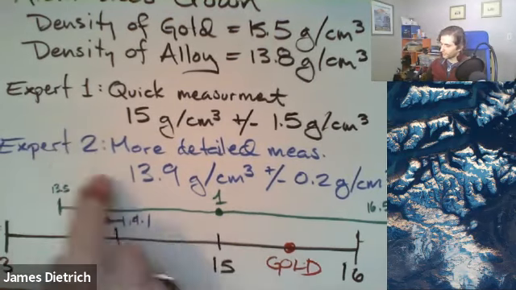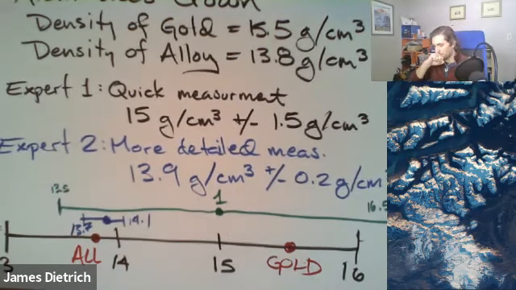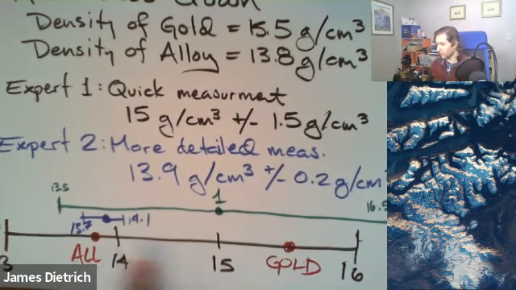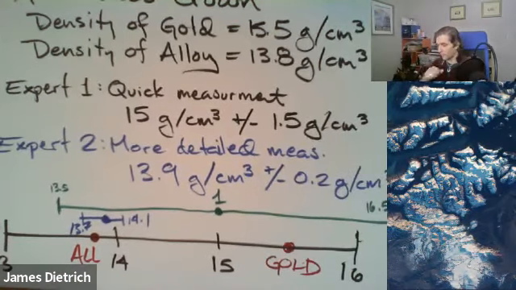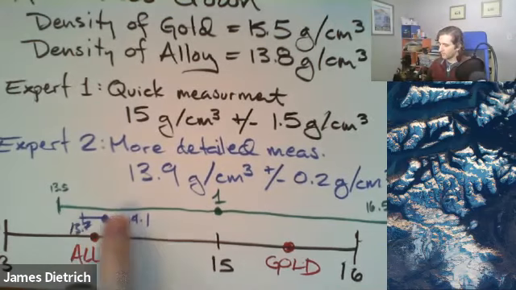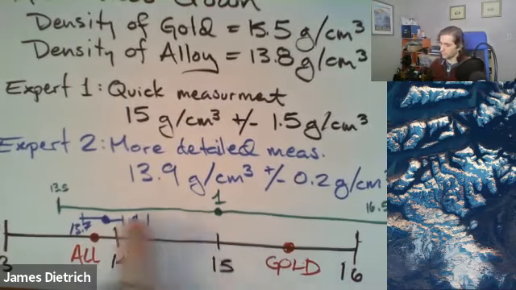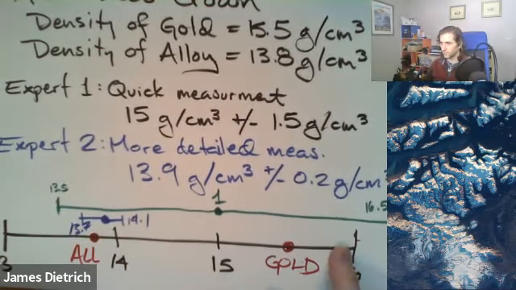Versus if we look at expert two, in this case, 13.9 was the measurement. That's close to alloy and quite a ways away from gold. So we can be maybe more confident that it's alloy versus gold. The alloy measurement falls within our error bars, but gold is quite a bit of ways away.